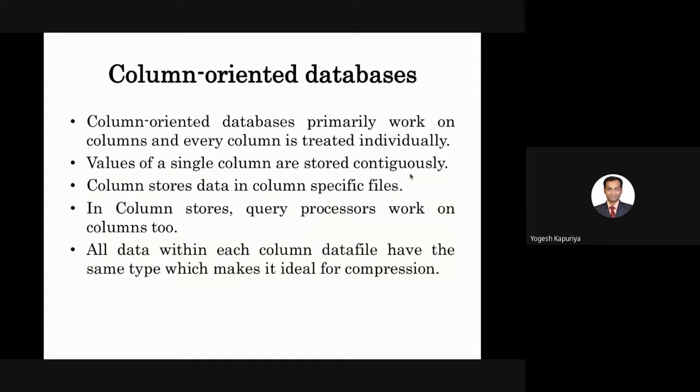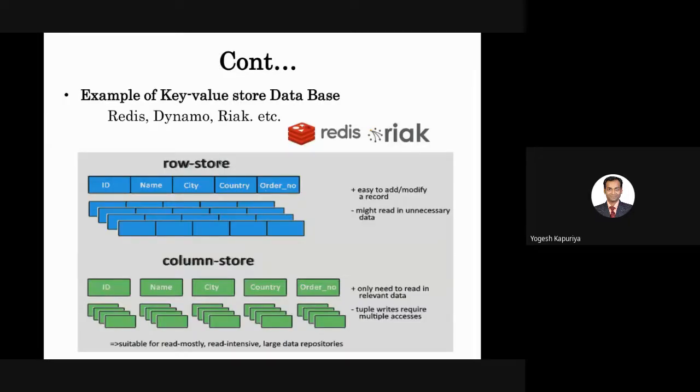The next is a column-oriented database. Now, in order to understand this column-oriented database, you need to understand the actual data storage when we are dealing with relational databases. This is the difference. All your MySQL or Oracle simple relational RDBMS databases are row store databases.